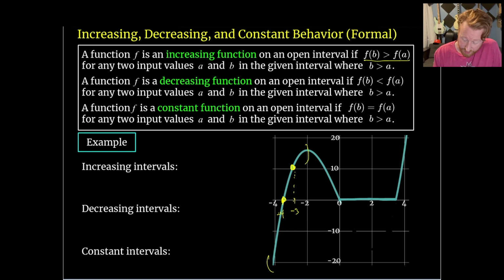So what we have is that -3 is bigger than -4, and we also have that f of -3 is bigger than f of -4.